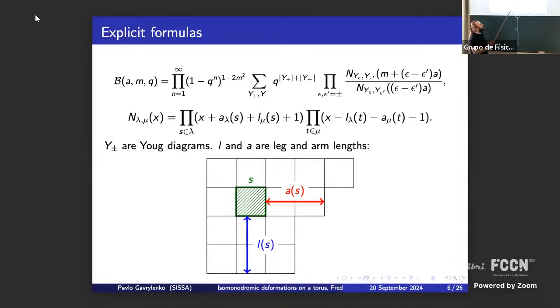This letter N is some function of two Young diagrams and of a complex number.